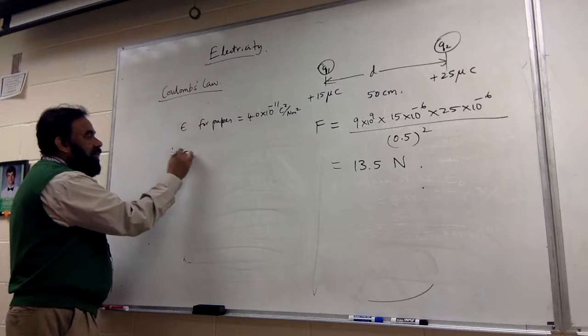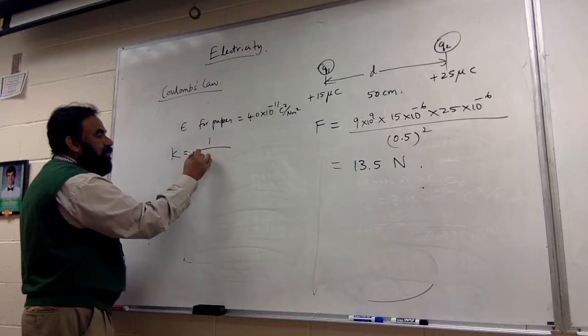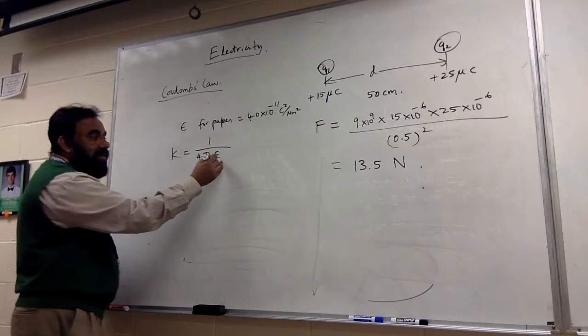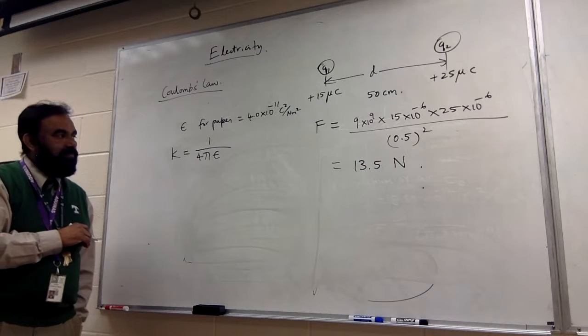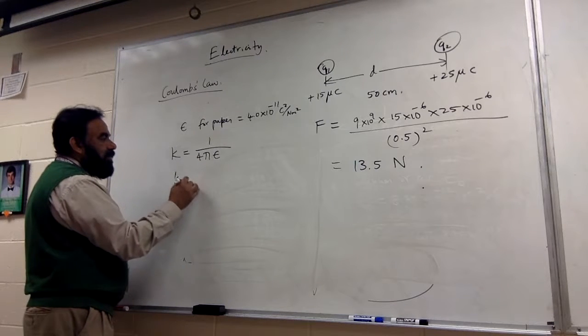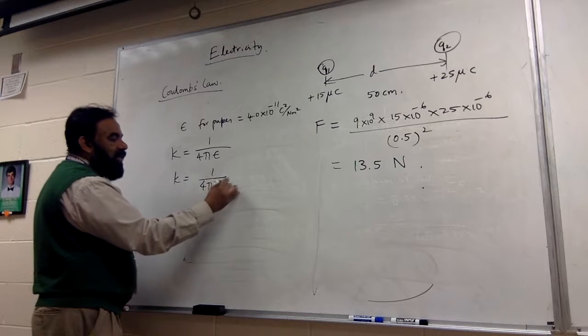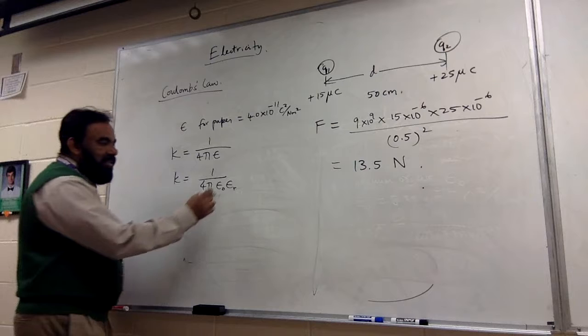So the new K is going to be 1 over 4 pi epsilon. It used to be epsilon naught. Now it's going to be epsilon. You can rewrite this epsilon as epsilon naught times epsilon r. Now what is epsilon r?